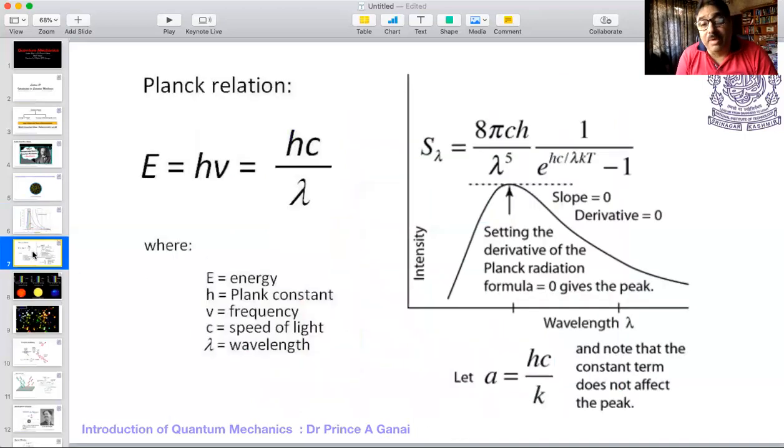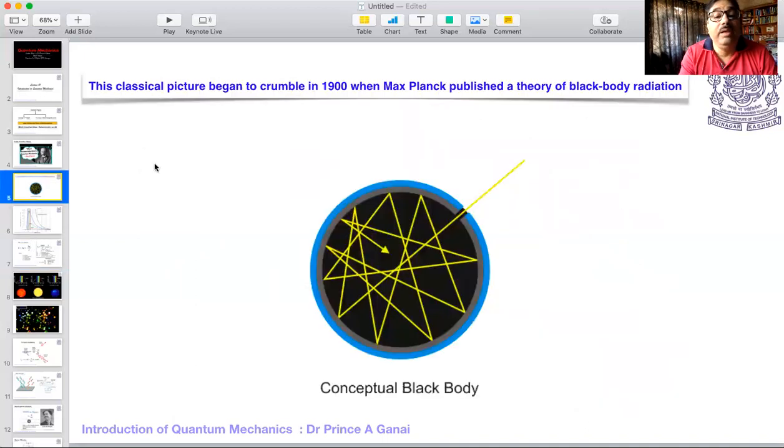Max Planck came up and thought that if you change the idea a little bit about radiation, then this graph can easily be explained. He proposed that the energy of the radiation emitted by the black body is in packets. The black body does not emit energy in the electromagnetic spectrum in a continuous form, but in the form of small packets of energy, which we now call photons.